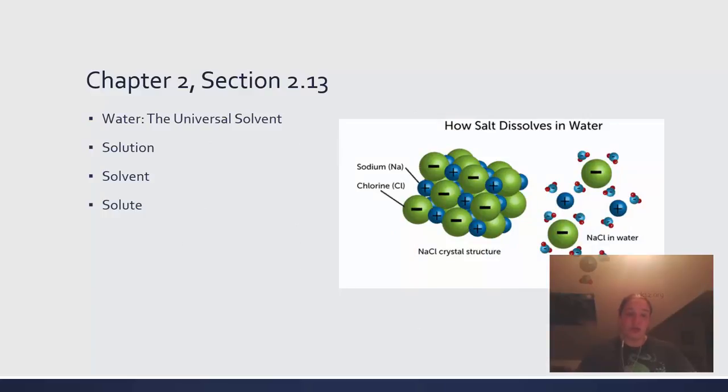Water is also what we call the universal solvent. It is the solvent of life. Again, those hydrogen bonds that let it bind to itself so easily make water able to break apart and bind to practically anything else it encounters.